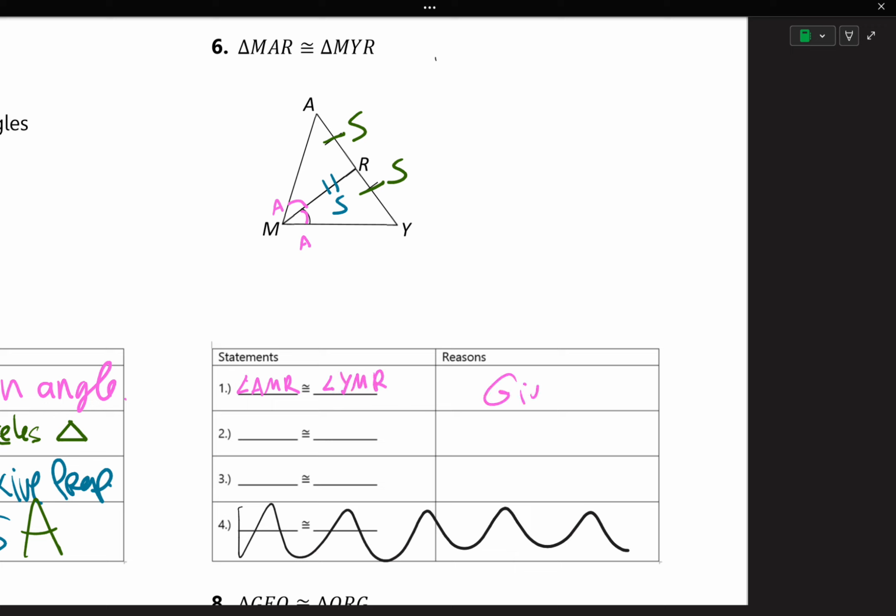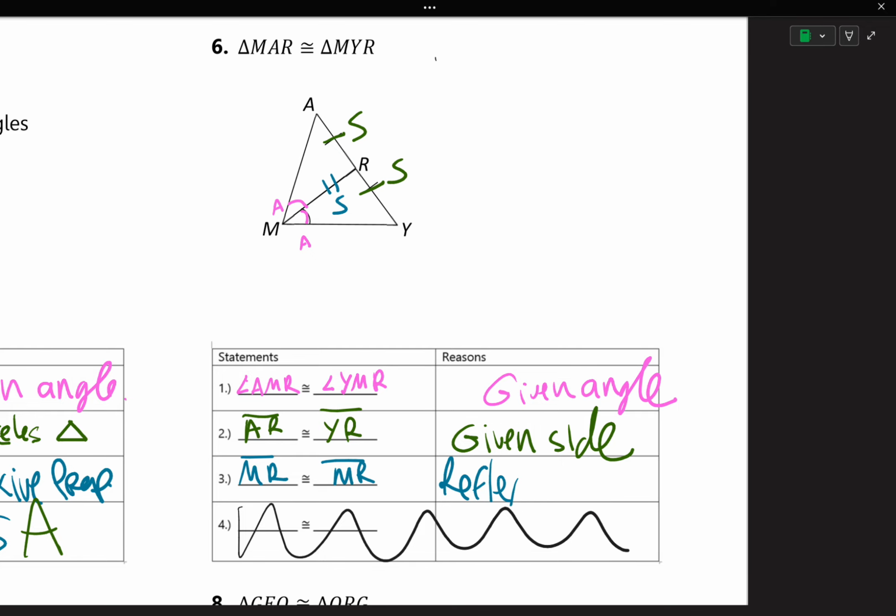That was given. We have AR congruent to YR. That was given to us. And then we can say that MR is congruent to MR by the reflexive property.